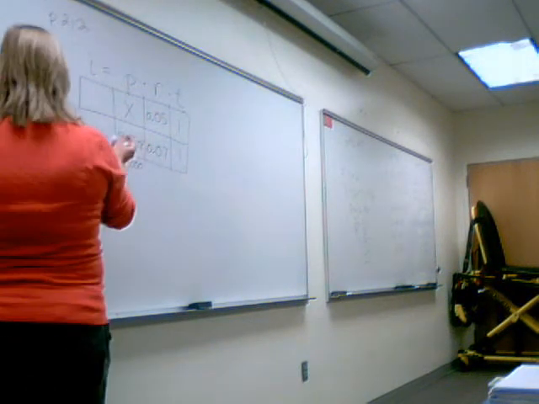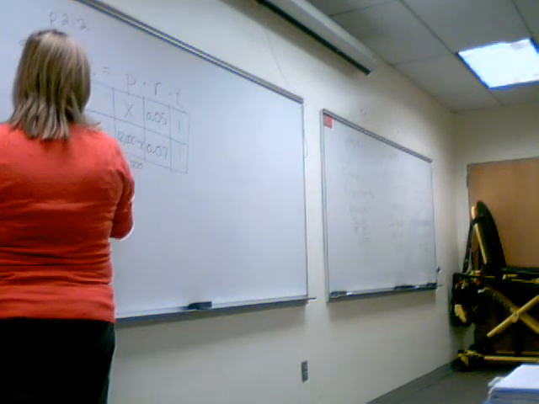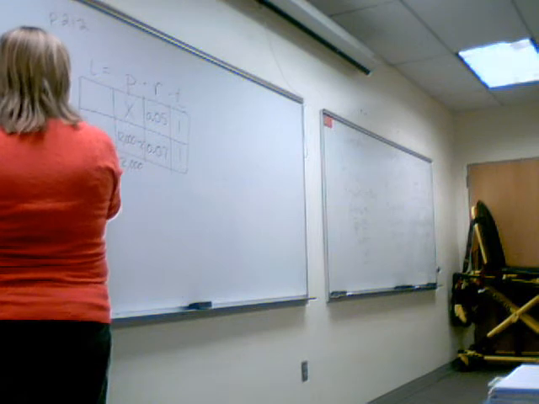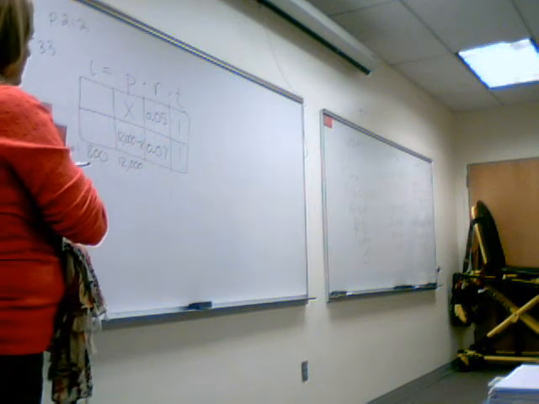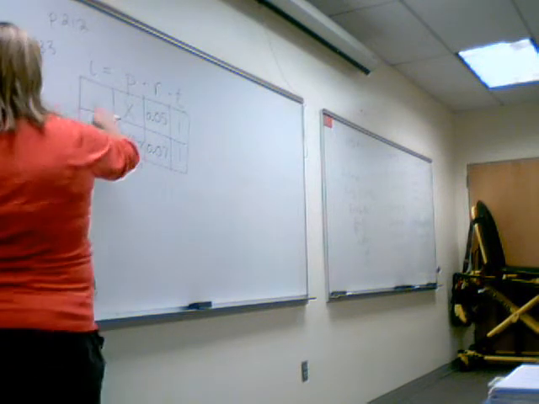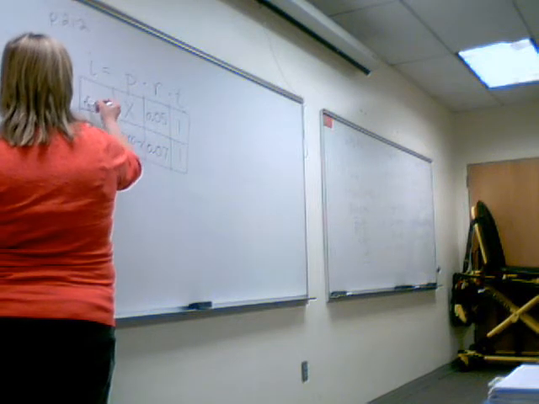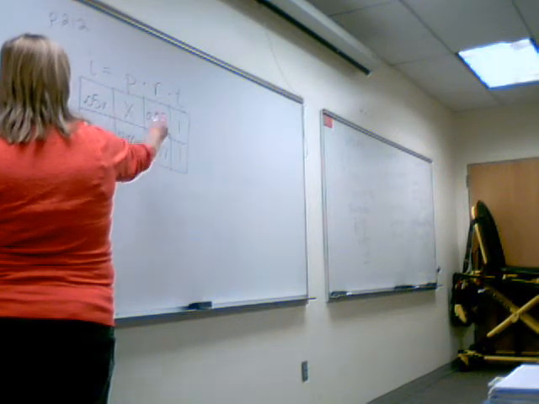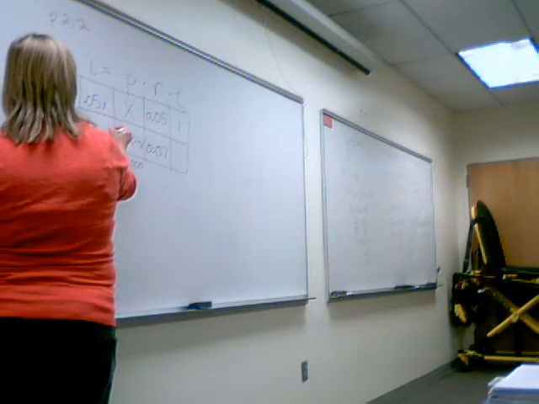We know the total interest is going to be $800. I'm just writing this down here as totals to give you a visual of that. Do I have enough information in my box to find the interest here? Yes, because I multiply it straight across. So I get 0.05x and I get 0.07 times 12,000 minus x.